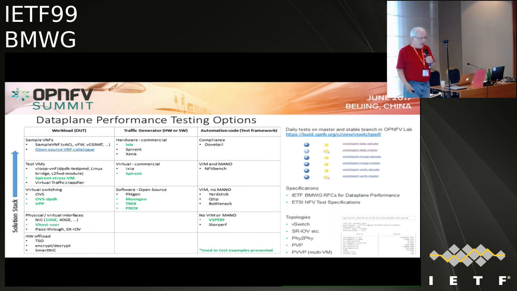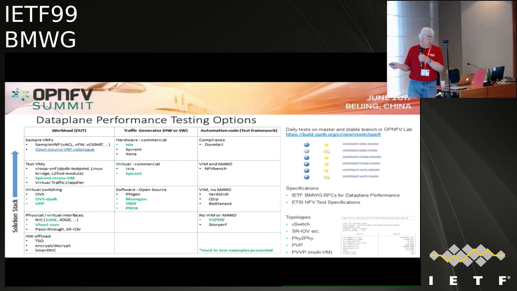So here are all the data plane performance testing options, and this is kind of an eye chart. There's lots of detail here. What's marked in green is what we emphasized in this testing. So what you'll see is that we've got the capabilities, for example, under traffic generators. We've currently got an IXIA.